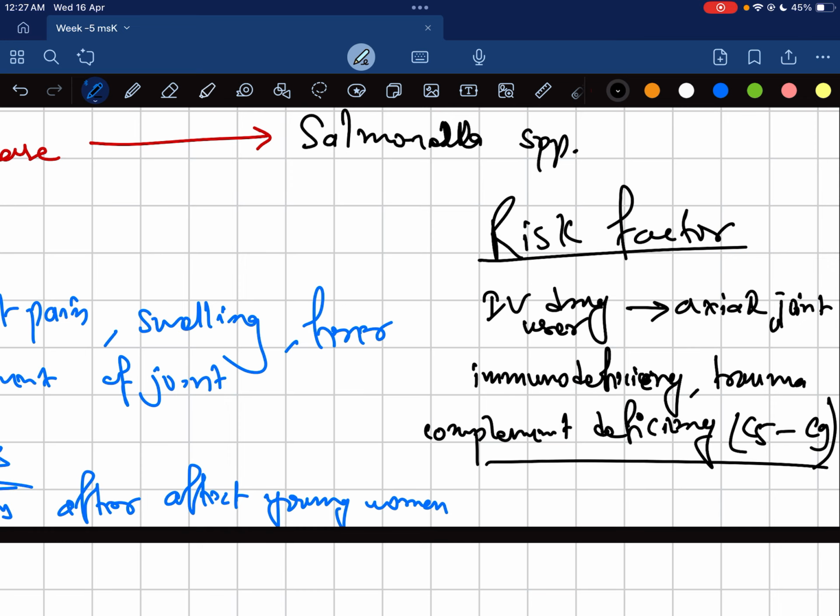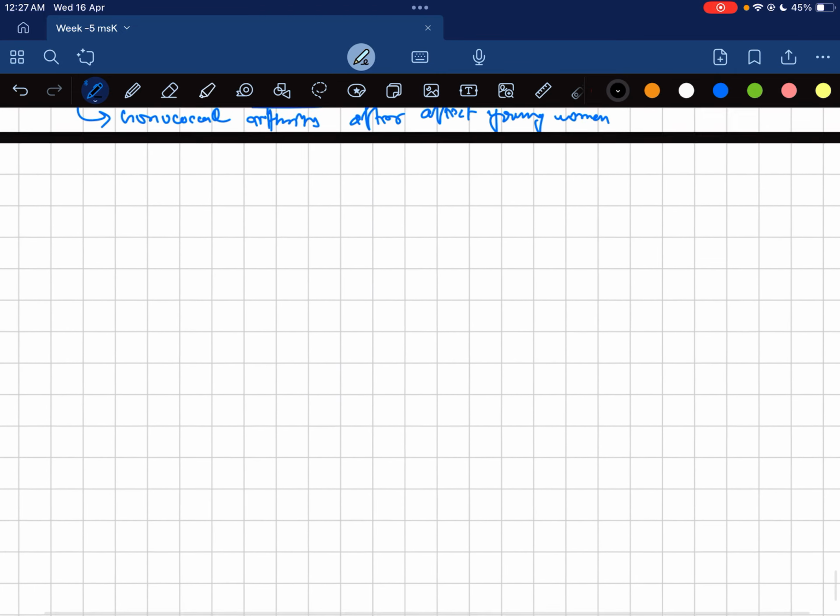This type of complement deficiency also leads to bacterial arthritis.